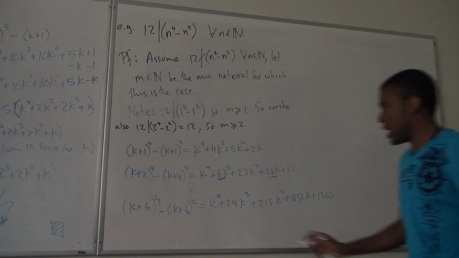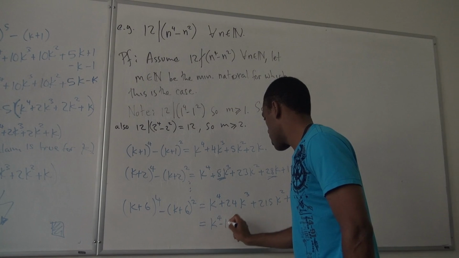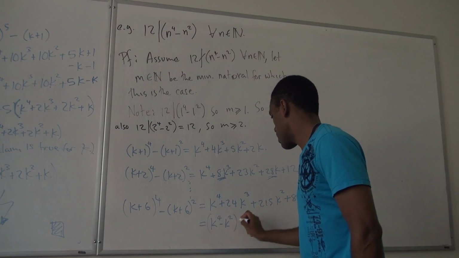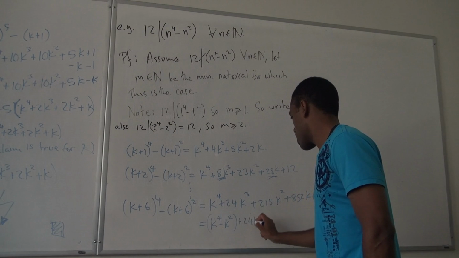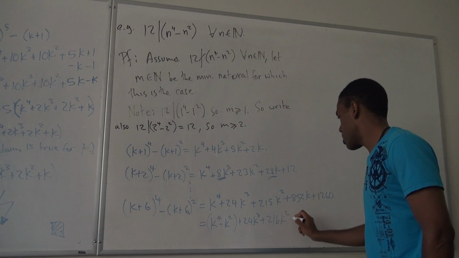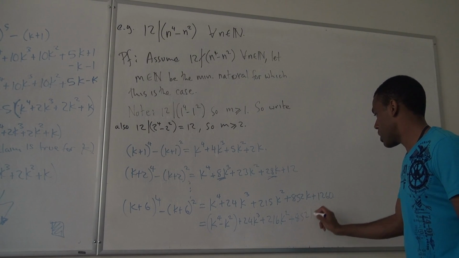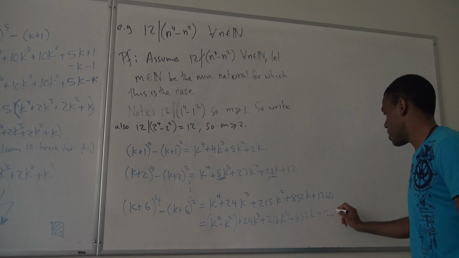And at this point, I could write this as k to the 4th minus k squared plus 24k cubed plus 216k squared plus 852k plus 1260.